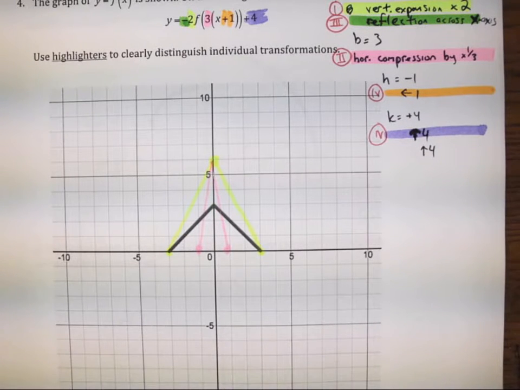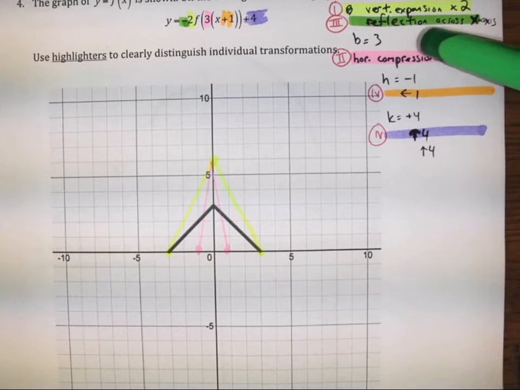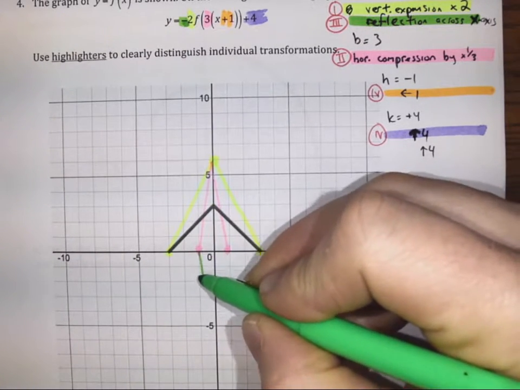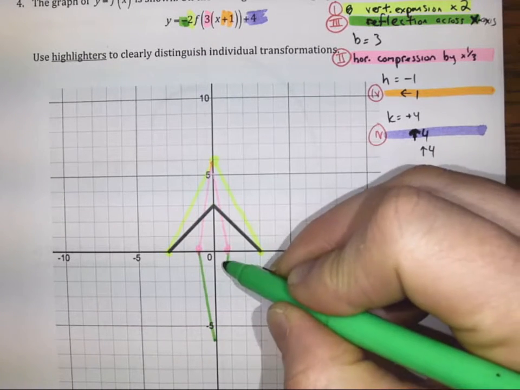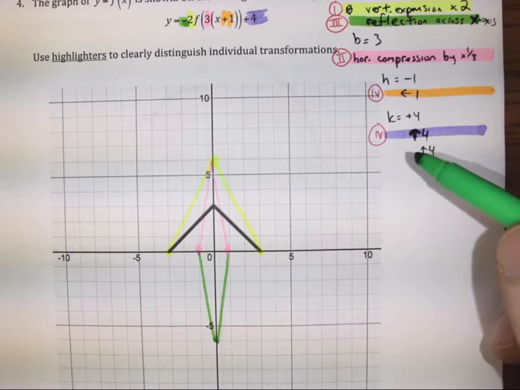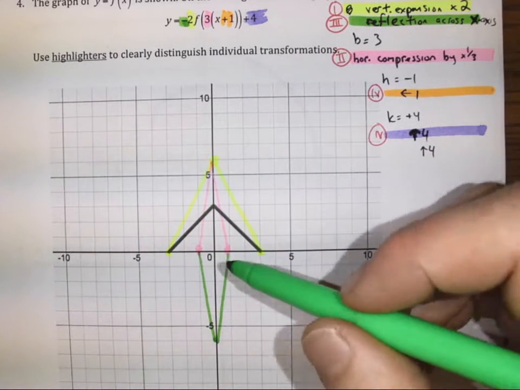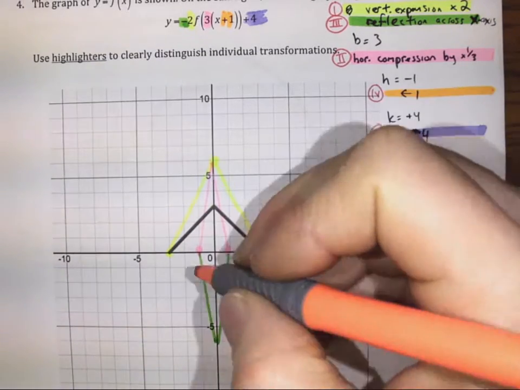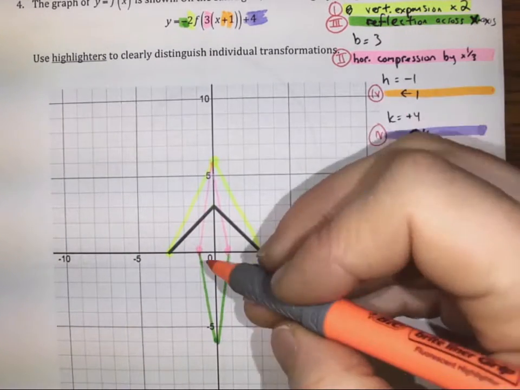Then, in green, we're going to reflect that across the x-axis. So this is going to be bounced downward like so. And then we shift left 1 and up 4. All our values get shifted left 1 and up 4. I'll write it in 2 steps.